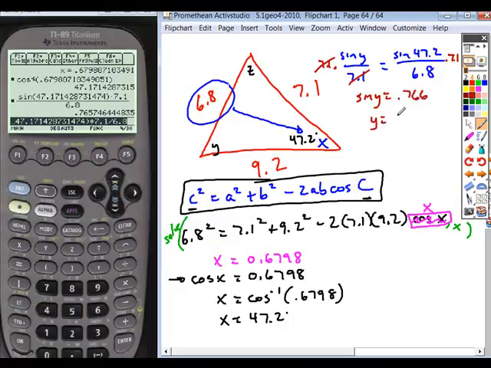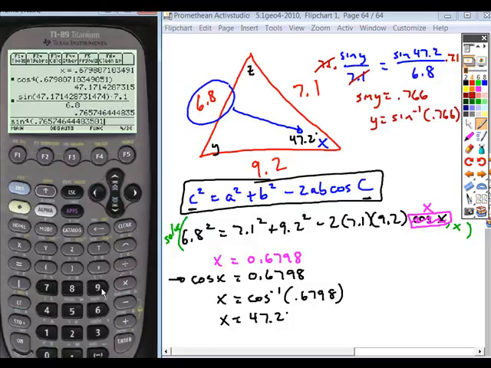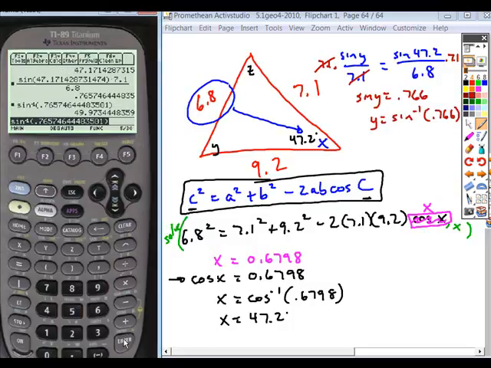To find the actual angle measure, we'll take the inverse ratio of that value. So the inverse sine of 0.766, calculate. When we do, we get about 50 degrees. It's 49.97, that would round up to 50.0. So our Y value is about 50.